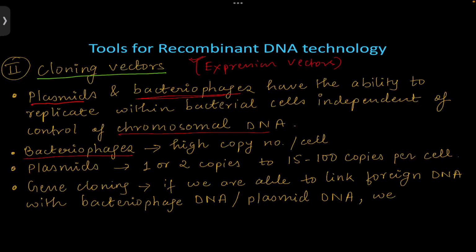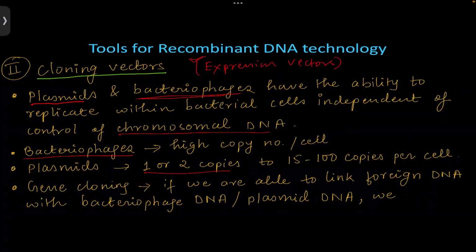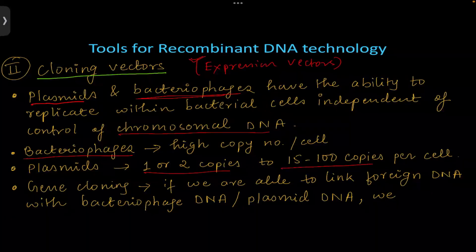Or if you are happy with only a few copies of your gene of interest, then maybe go for plasmids. Among plasmids, there is also a variety available. There are a few plasmids which can create only one or two copies of a gene of interest, and there are also a few plasmids that can create 15 to 100 copies, a large number of copies.